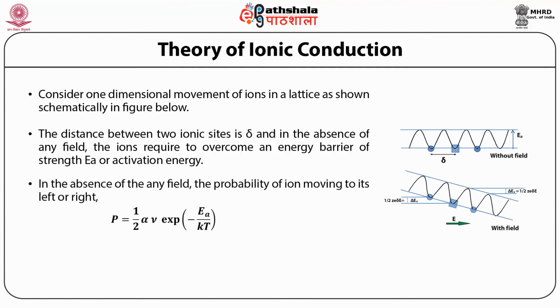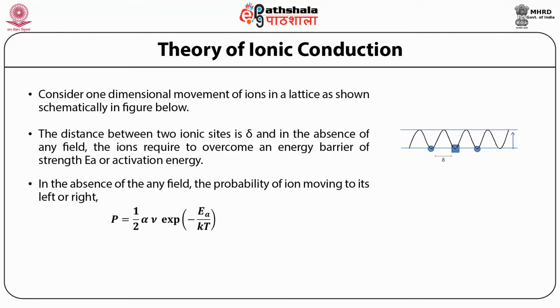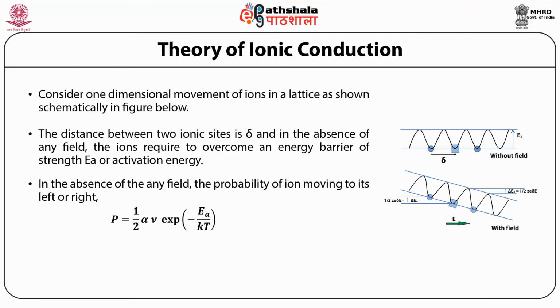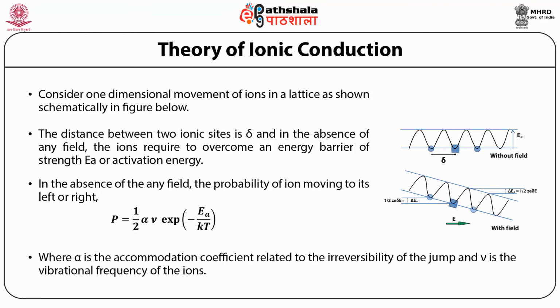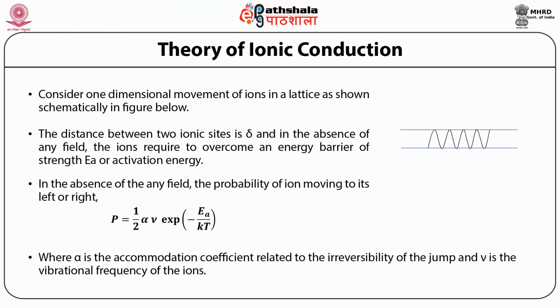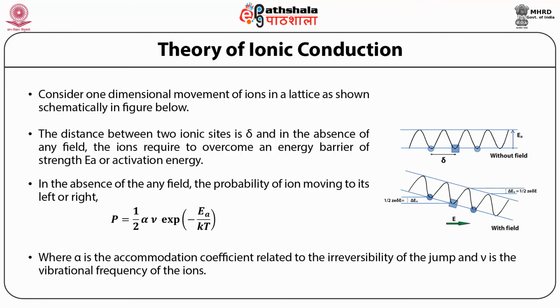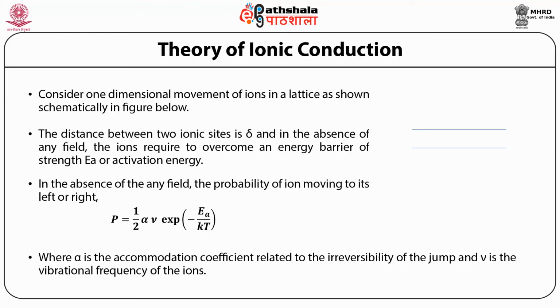So in the absence of any field, the probability of an ion moving to its left or right according to Boltzmann's statistics is equal and given as P equal to 1 by 2 alpha v exponential minus EA by kT, where alpha is the accommodation coefficient related to the irreversibility of the jump, v is the vibrational frequency of the ions, and EA can be considered as activation energy or free energy change per unit atom.